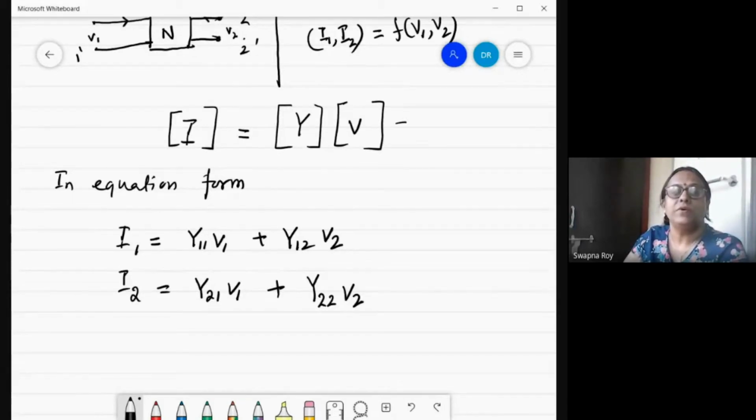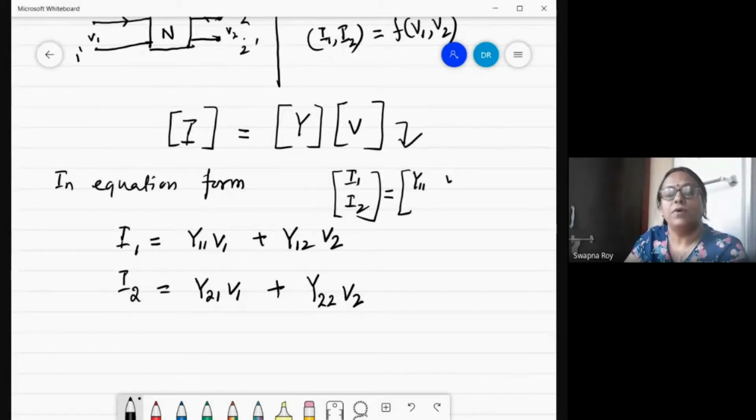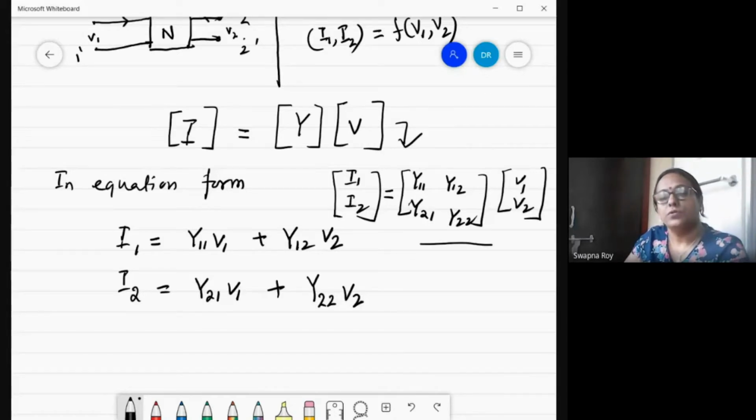That means this one will be I1, I2 as Y11, Y12, Y21, Y22. This will be V1, V2. So this is the matrix form of Y parameter.